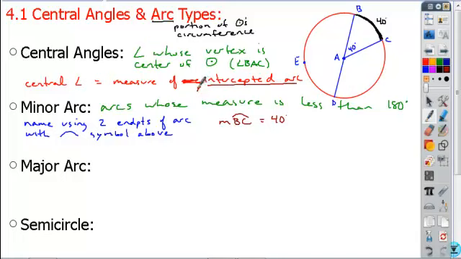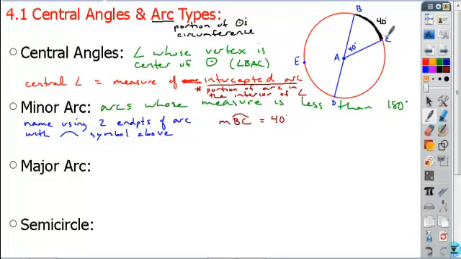The intercepted arc is just a portion of an arc in the interior of an angle. So when you have your central angle, there's going to be a portion of that arc that's in the interior of that angle. That is your intercepted arc. And that's what the measure of its central angle is equivalent to.